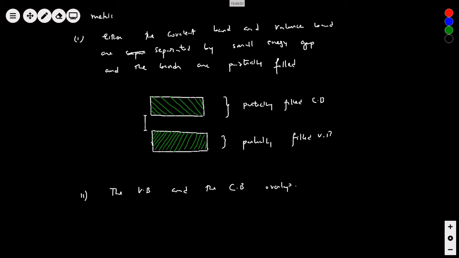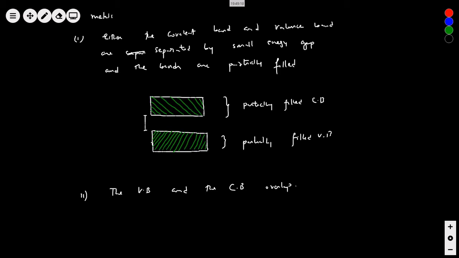So what happens is that electrons can easily go from the valence band to the conduction band. Even room temperature will be sufficient to send electrons from the valence band to the conduction band.